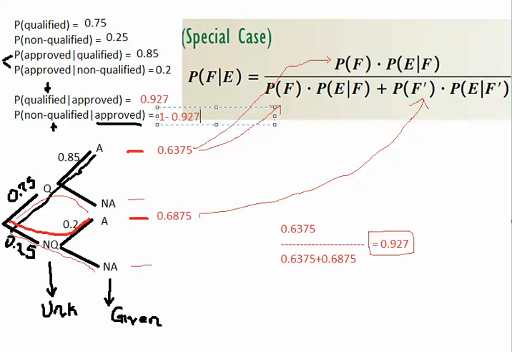So the probability to have a non-qualified person, given that is approved, is equal to 1, the probability for the entire space, minus the probability of being qualified given that it is approved. And the answer for that is 0.0727.